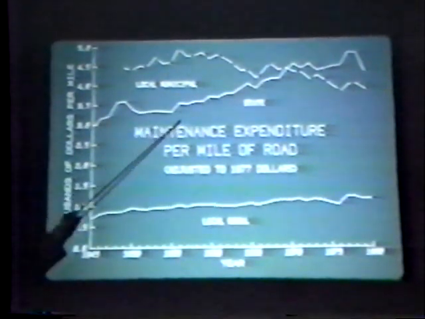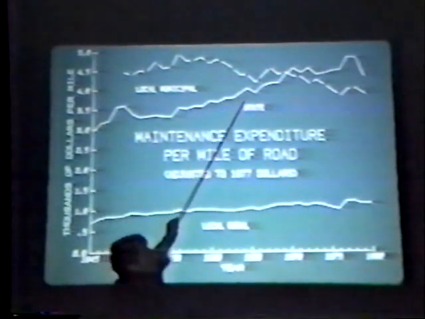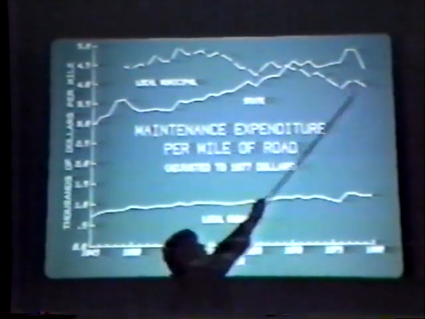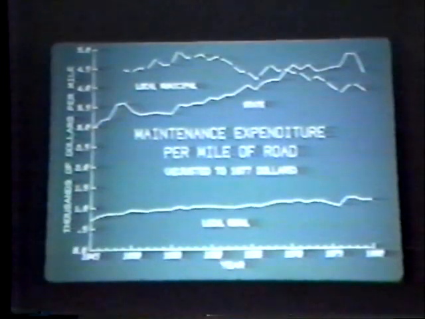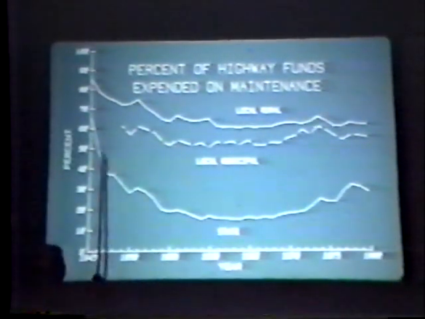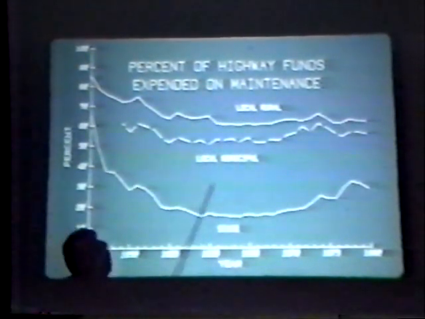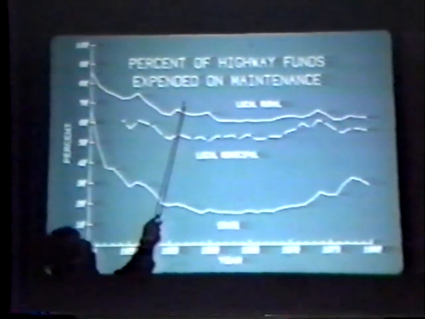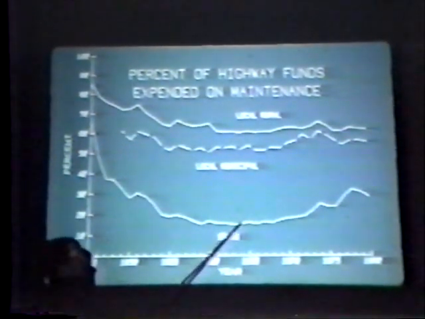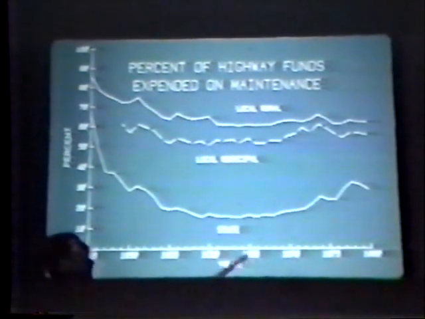The state level, on the other hand, as a consequence of the tendency to disinvest in construction, there's been a significant increase in the amount of money that's had to be spent on maintenance. And if we look at the ratio of these, you'll notice that the maintenance cost per mile of road divided by the capital investment cost, or the percent of highway funds expended on maintenance, bottomed out about the time that the capital investment peaked out.